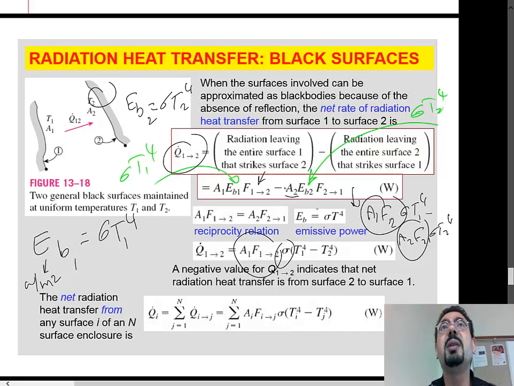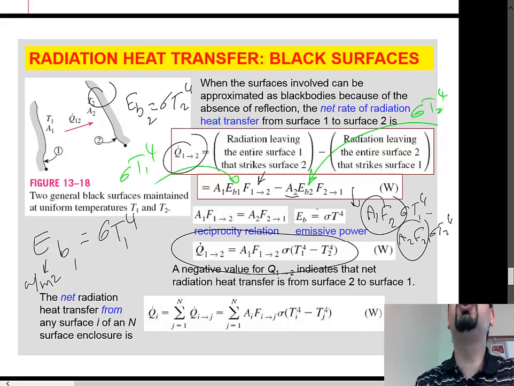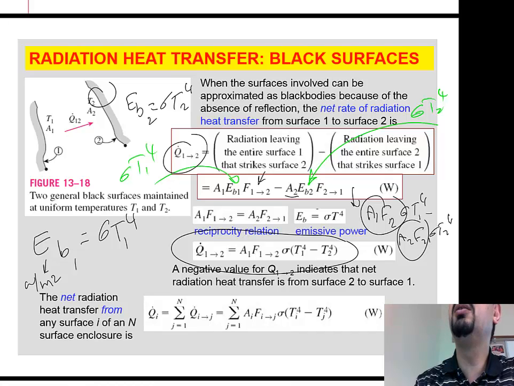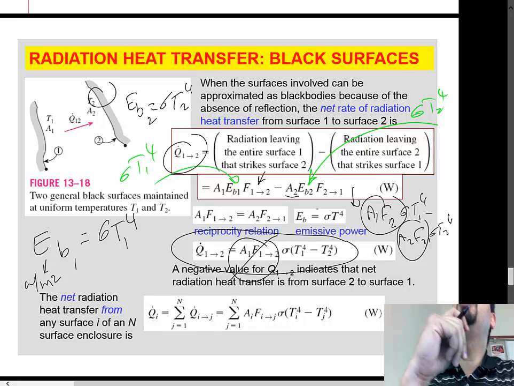T1 to the power 4 minus T2 to the power 4. So the radiation between those two bodies is area 1 F12 multiplied by sigma, open the brackets, T1 to the power 4 minus T2 to the power 4. And that A1 F12 can easily be replaced by A2 F21.